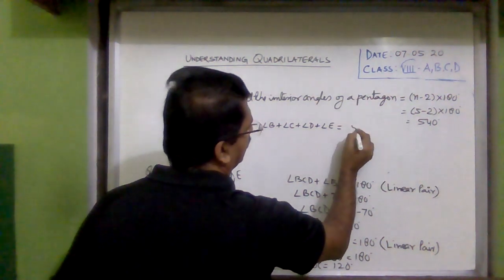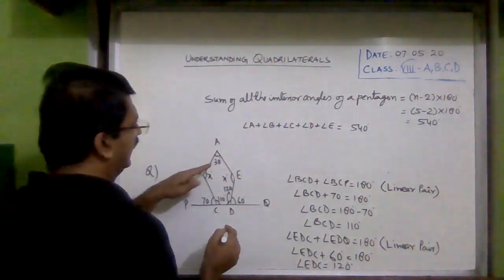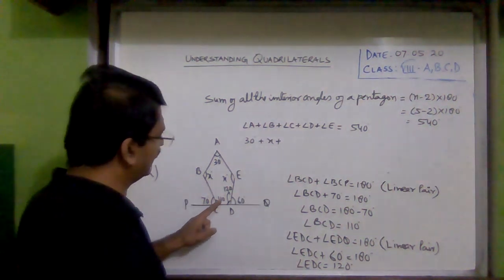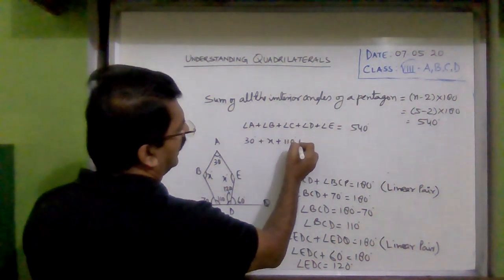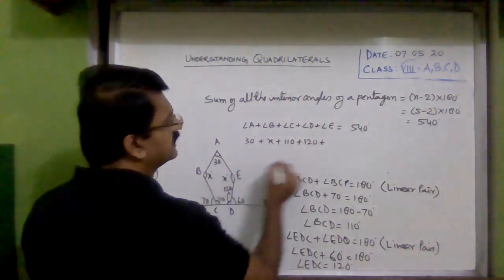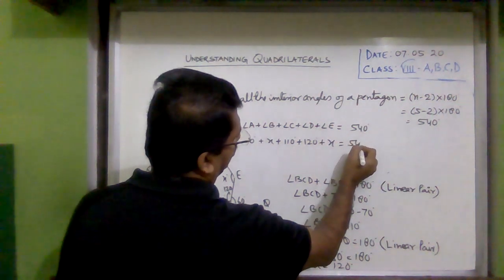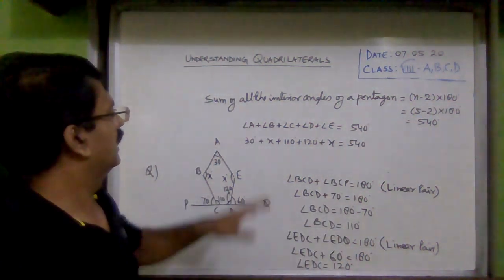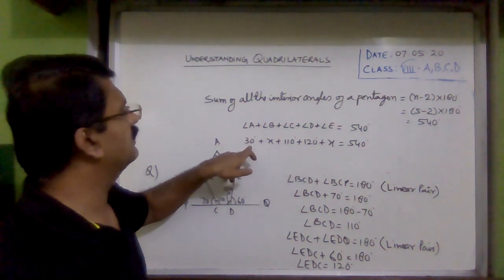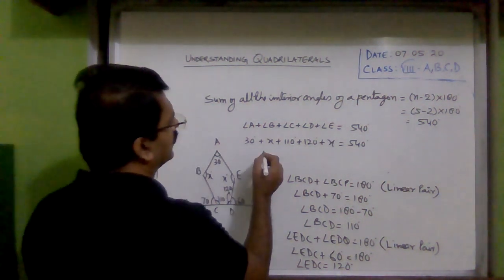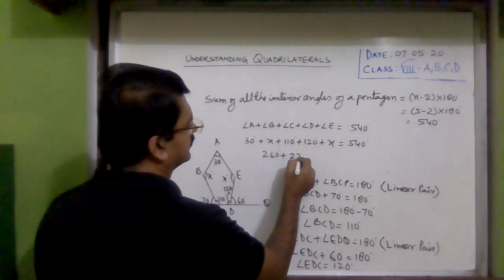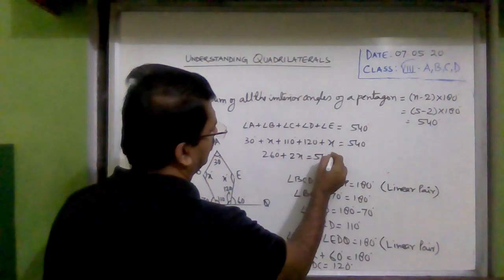Now, angle A is actually 30, angle B is X, angle C we have found 110, angle D we have found 120, and angle E is X again, is equal to 540. Now you see, 120 plus 110 will be 230, 230 plus 30 will be 260. So 260 plus 2X is equal to 540.